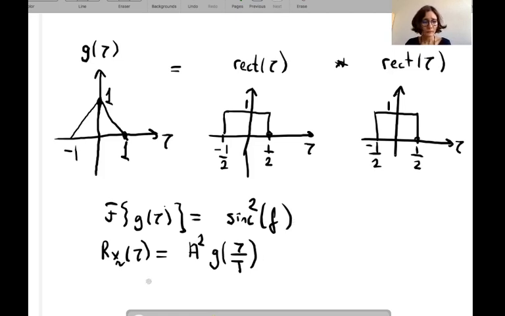Now, you can actually take the Fourier transform of both sides. So Sx of f, now we are actually trying to take the Fourier transform of this function, right? Well, we don't know the Fourier transform of this, but we know the Fourier transform of g of tau. Now, to convert g of tau to this, we have actually divided by t. Remember the scale property. If you divide by t in the time domain, you should multiply by t in the frequency domain.